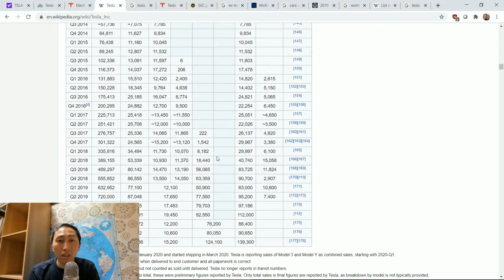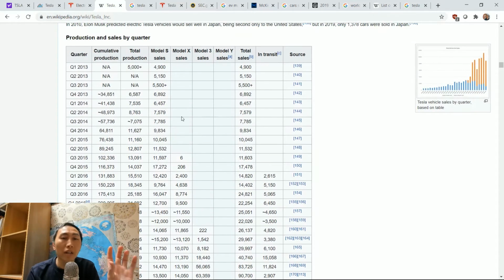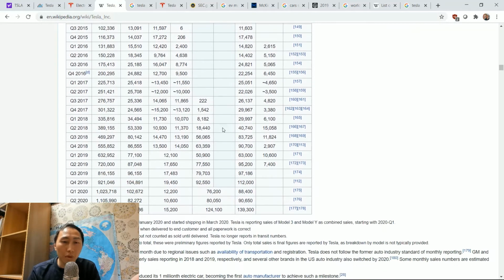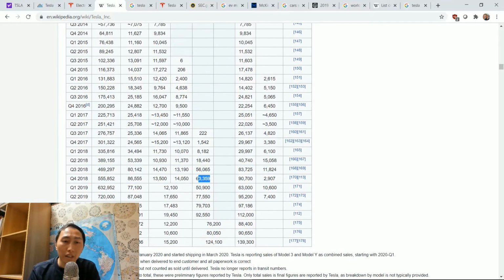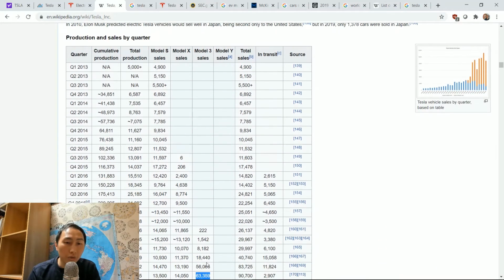So immediately we can see massive jumps in car production rates, but the reason why revenue didn't increase as much is they transitioned from a higher priced model like the Model S to a Model 3, which was selling much more, as we can see by these numbers, that by the end of 2018 they were selling 63,000 Model 3s and 14,000 Model Xs and 13,500 Model Ss.